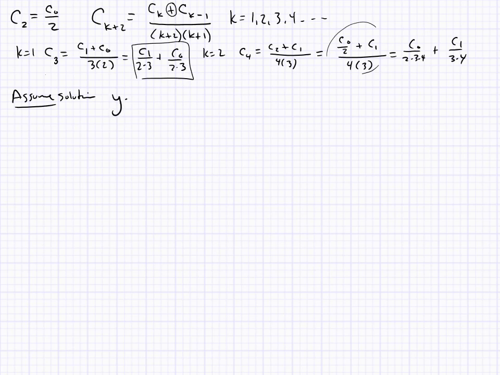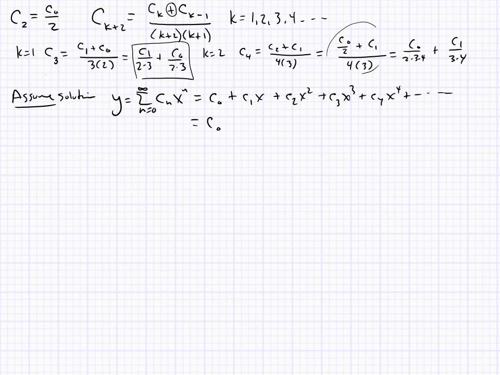was of the form y equals the sum of n equals 0 to infinity, c sub n, x to the n, which was really c sub 0 plus c sub 1x plus c sub 2x squared plus c sub 3x cubed plus c sub 4x to the 4th, etc. So we figured out that C2 equals C0 over 2, C3, C4, but we never said what C0 and C1 equal, so we'll just leave those.